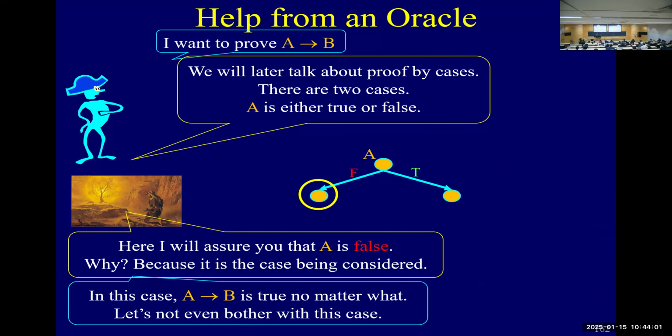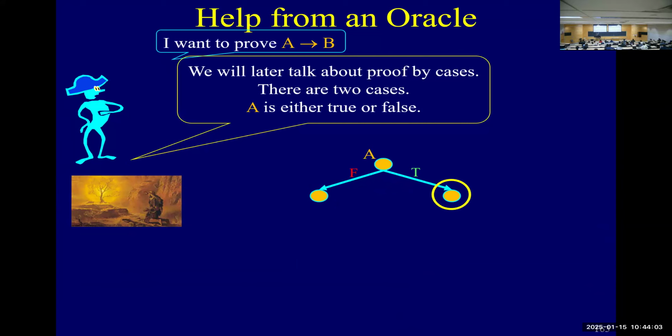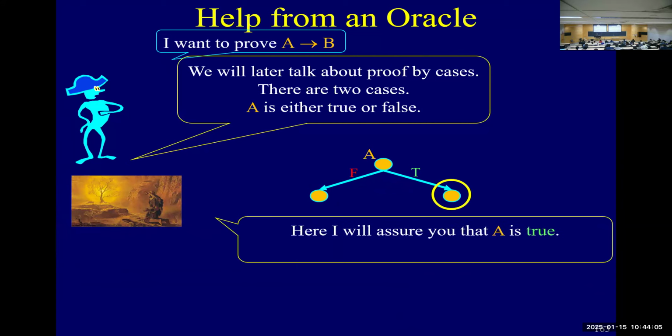We don't have to worry about this case. Now we go over to the other case. And in this case, the oracle's assuring us that it's true. And why do we say it's true? Because it's the case we're dealing with. People are often coming back to me and saying, why are we assuming it's true?